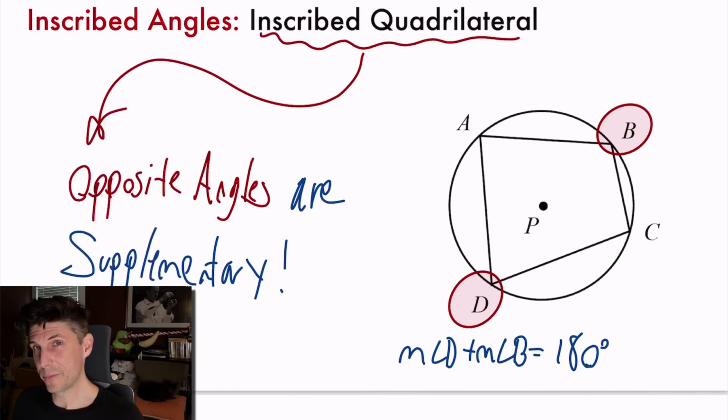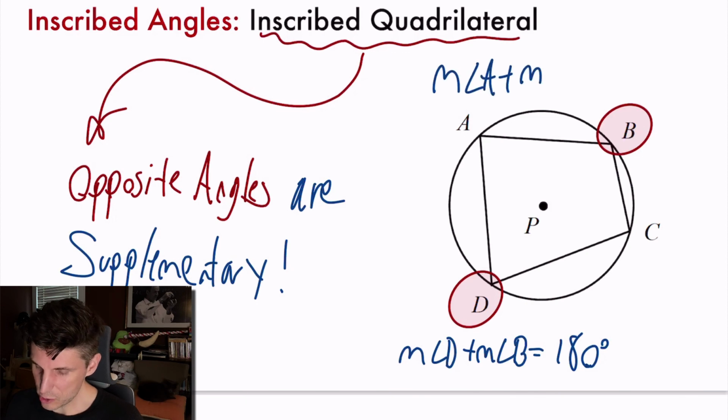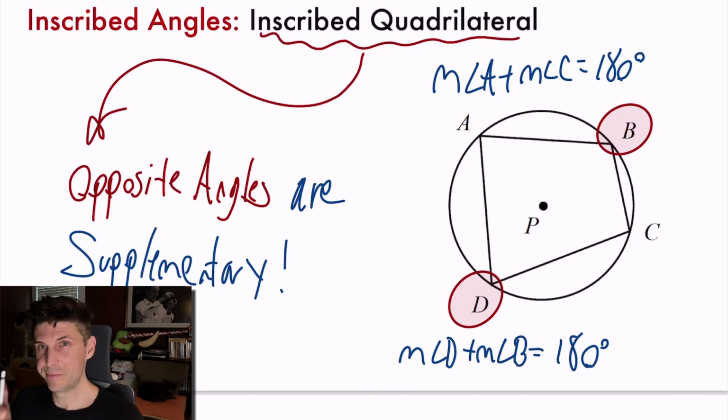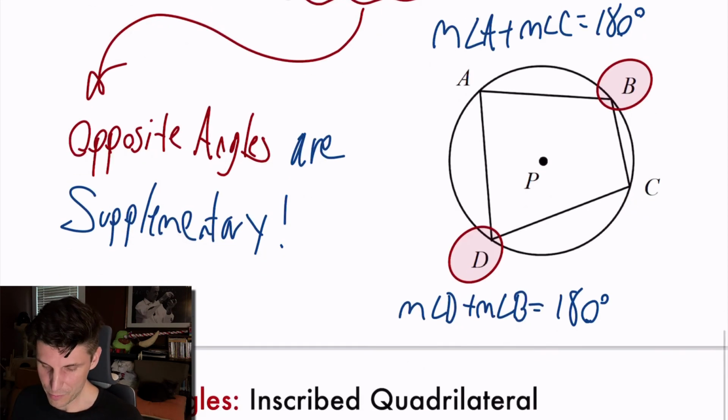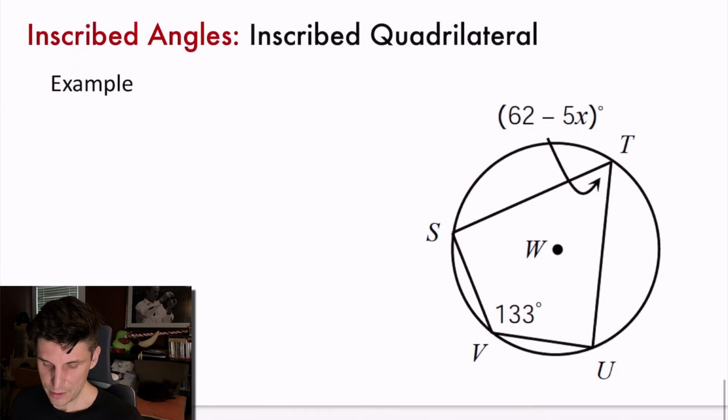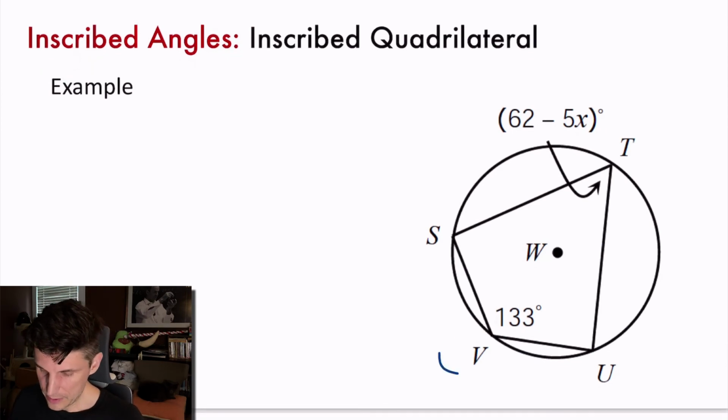What else would have to be true? You're right, the measure of angle A plus the measure of angle C equals 180 as well. Nice. All right, moving on. So what we have here is that the opposite angles are in fact supplementary.